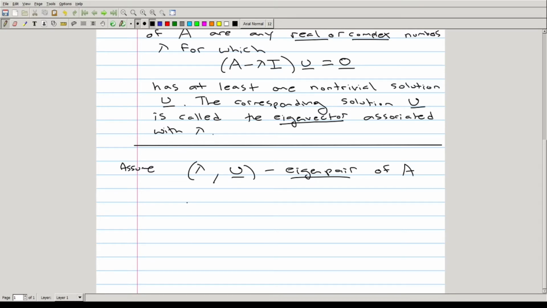And then consider the following combination. Consider the vector function y of t that's defined as e to the lambda t times the eigenvector u.